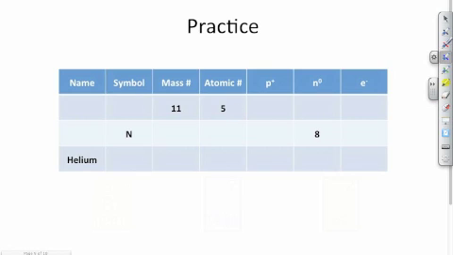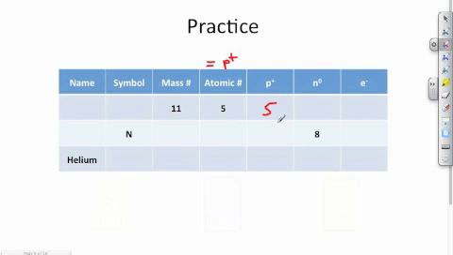So we saw in the previous slide that the atomic number is always equal to the number of protons. So if I have an atomic number of 5, then I must have 5 protons in this atom.